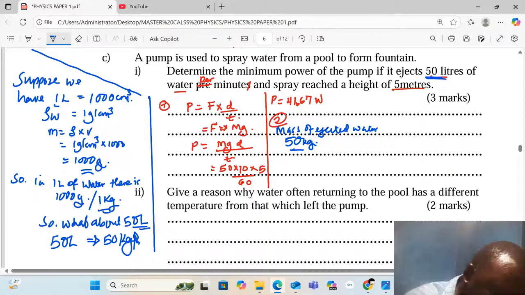From here, we can get the flow rates. In 1 minute, 50 kgs are ejected. 50 divided by 60, so that we get 0.8333 kilograms per second.